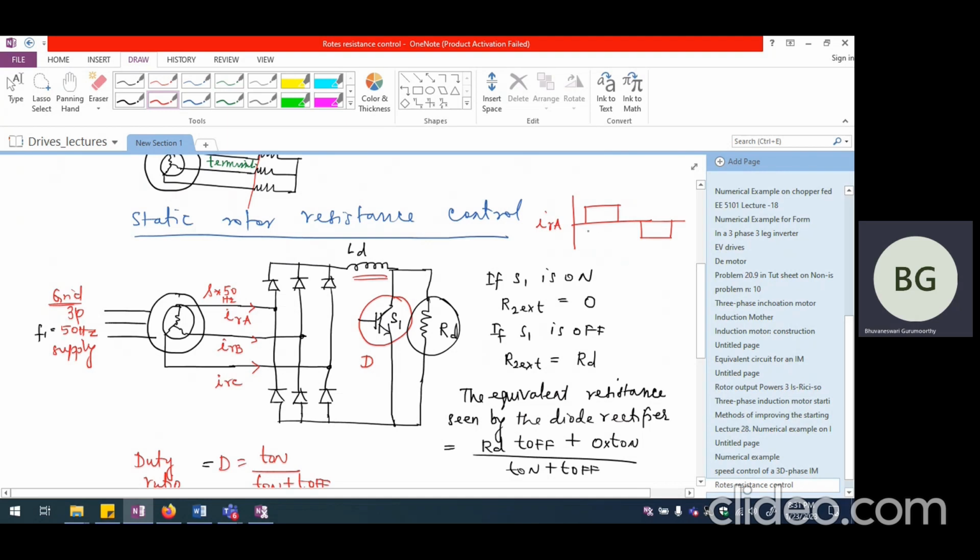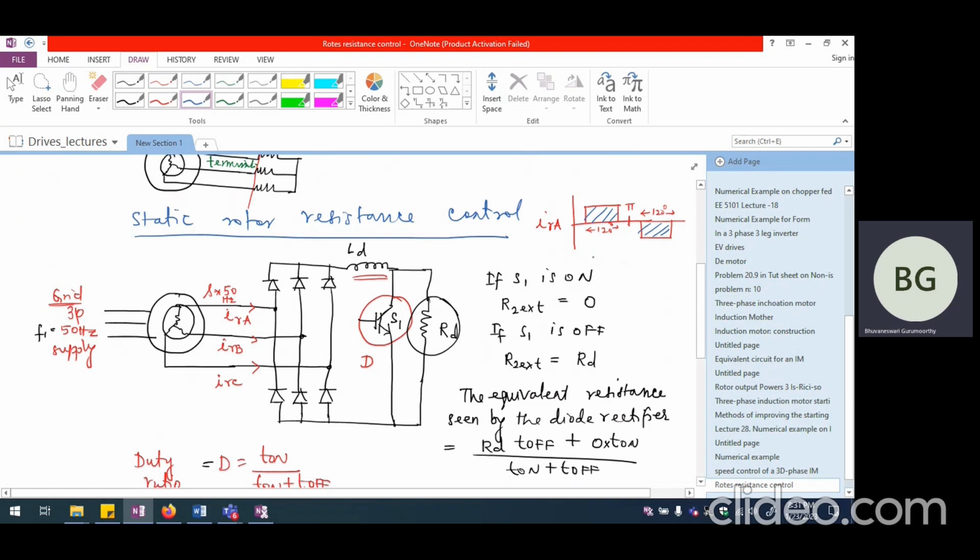So this will be something like only 120 degrees. And this is going to be the midpoint, which is corresponding to pi or 180 degrees. And again, this will correspond to 120 degrees. So out of the total 180 degrees, the conduction is going to take place during the positive half cycle only for 120 degrees. Similarly, during the negative half cycle also, it is going to take place only for 120 degrees.